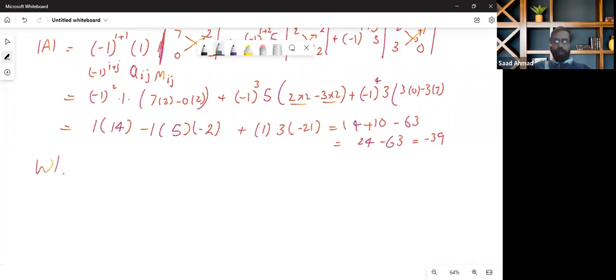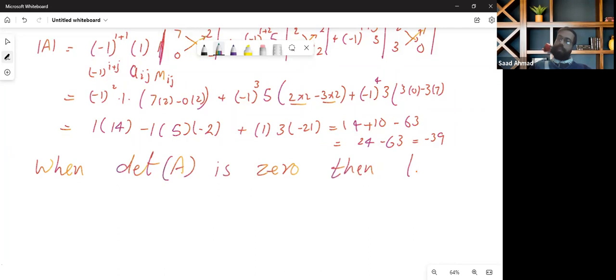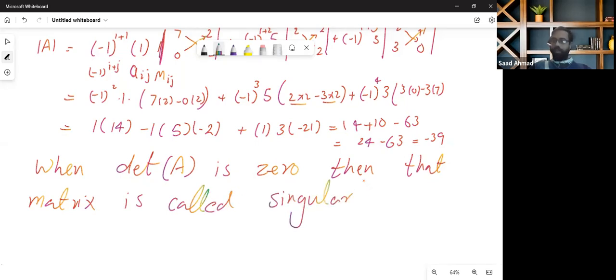When the determinant of matrix A is 0, then that matrix is called a singular matrix. Singular matrix, right?